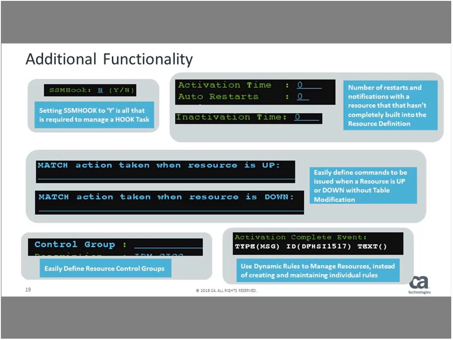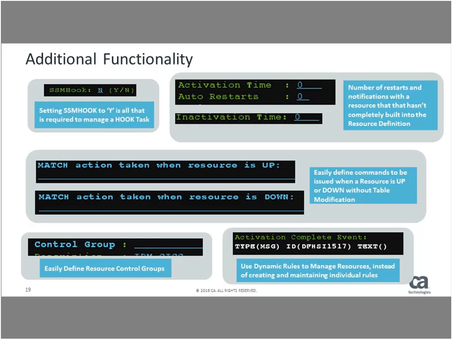So the activation time, if you set it to the number of seconds before you expect the task to be up, if it's not up in that amount of time, we'll throw out a message into the OPSLOG, and you can take your automated actions that you feel fit that you need to take for a task not being up. The same with the inactivation time. One of the big changes here is those are separate, so you could add 60 seconds for one, you could have an hour for the other one if you want. It's two different parameters.